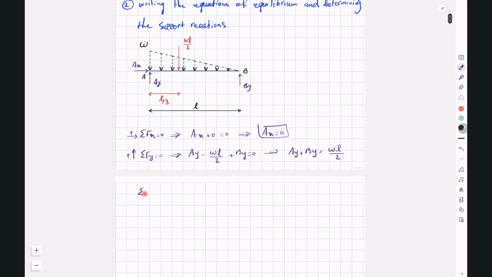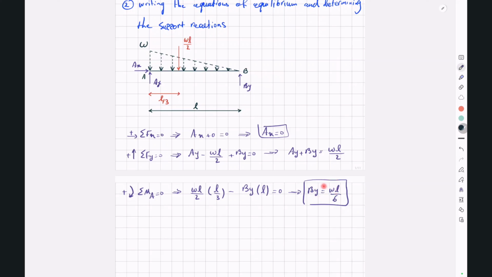Now if we write sigma M around point A and choose this direction as the positive direction, we can say WL divided by 2 multiplied by L over 3 minus BY multiplied by L will be equal to 0, and this will give us a BY equal to WL over 6.